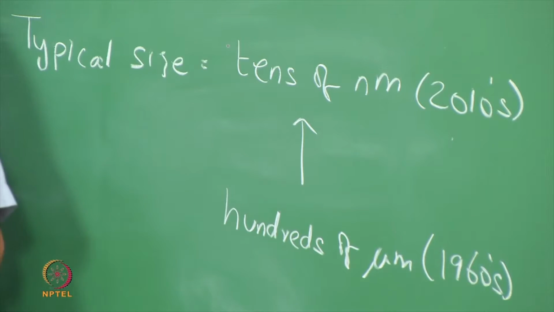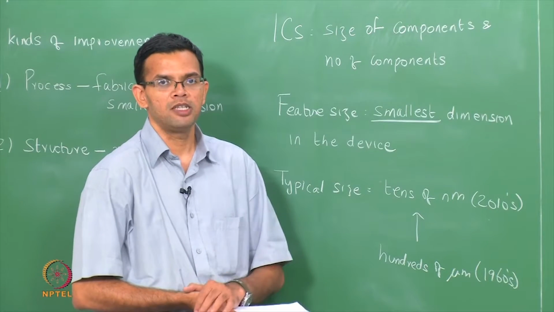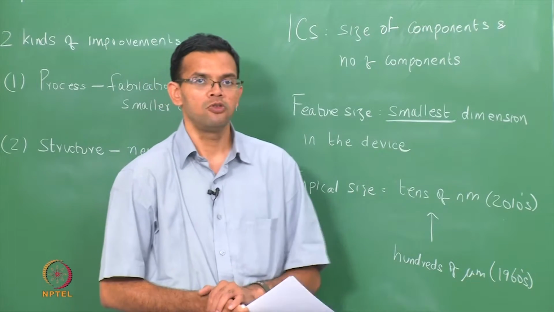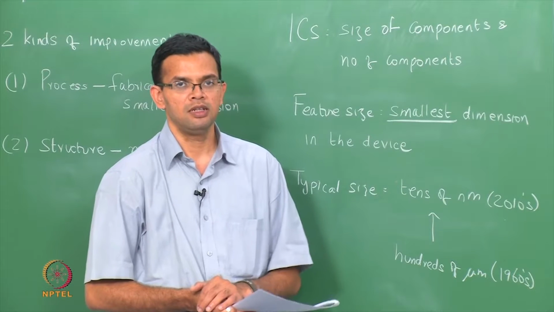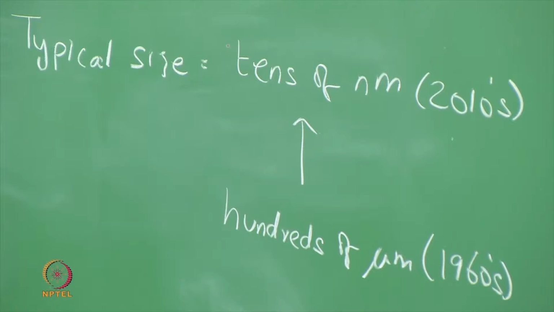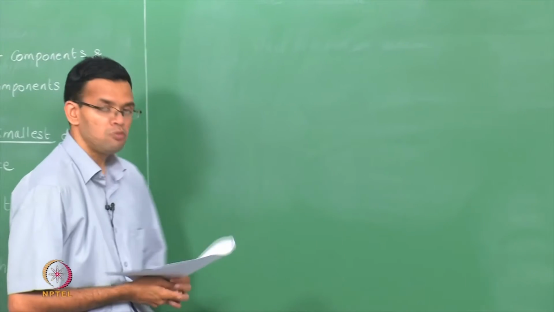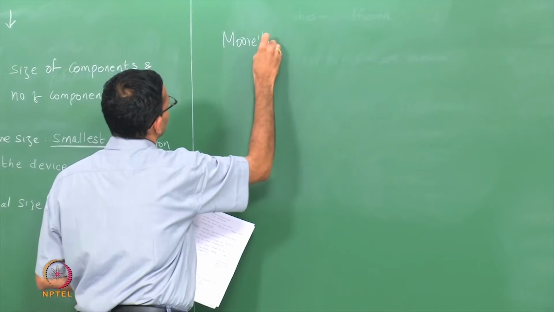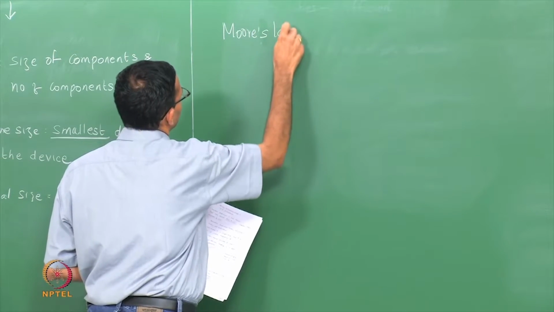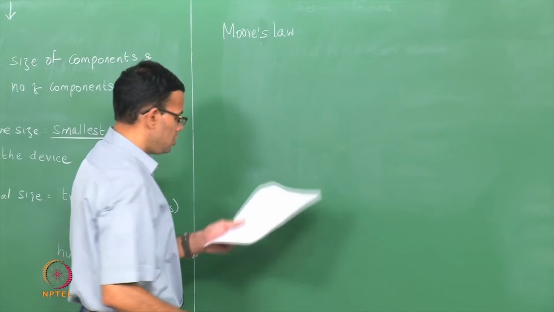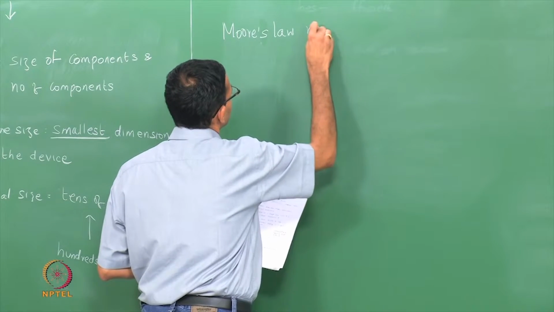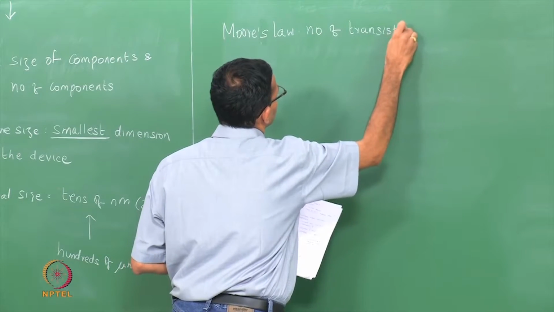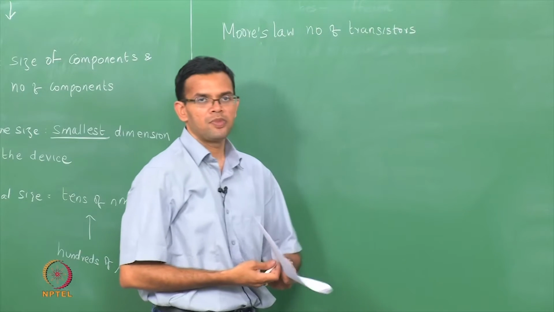So when we talk about integrated circuits, a famous law that always comes to mind is Moore's law. So this was proposed by Gordon Moore, who is again one of the co-founders of Intel, in 1965. So Moore's law states that the number of transistors on a chip will roughly double every 2 years.